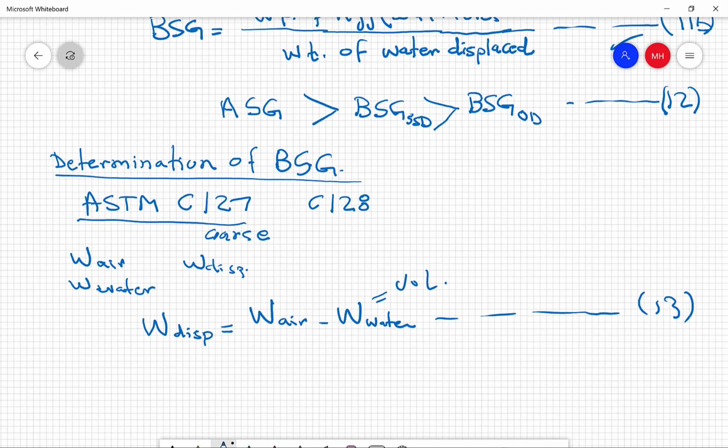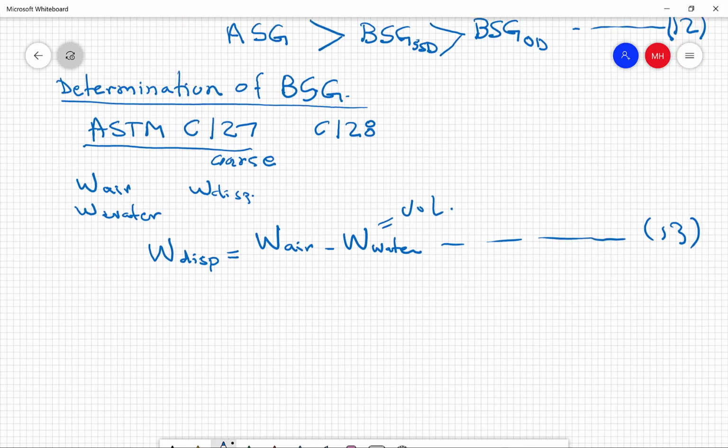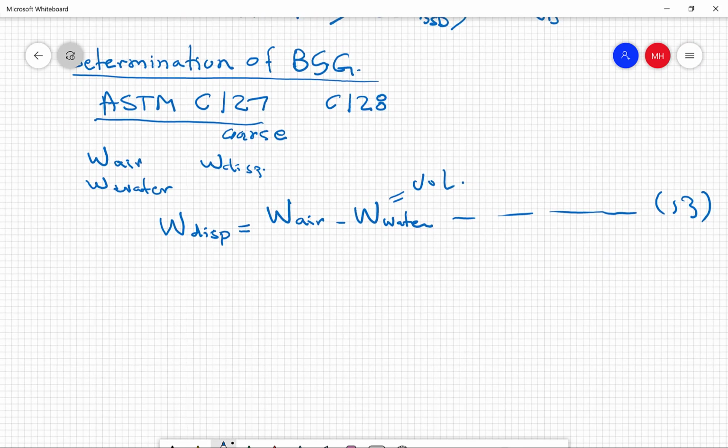In ASTM C128, it's a different story. We use a pycnometer, which is weighed full of water. And then the pycnometer containing the sample of the SSD sand, fine aggregate, is filled with water and weighed again.